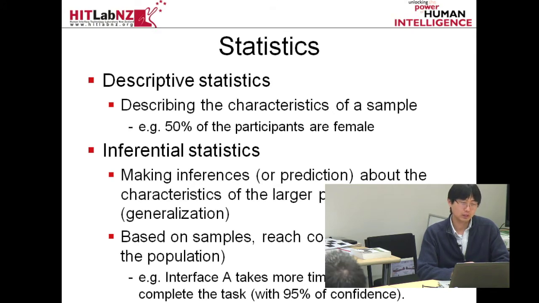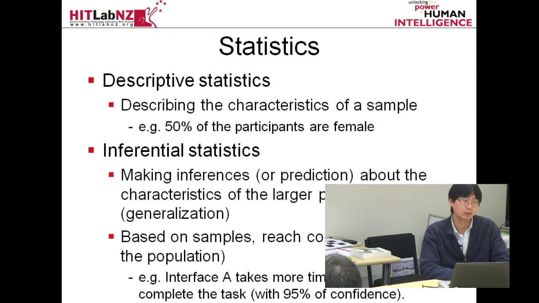So statistics tools, there are basically 2 types of statistics tools that we mostly use in HCI research. And the first one we looked at last time was descriptive statistics. It's basically for describing the characteristics of the sample or the data you collected. So it's basically summarizing how the data looks.